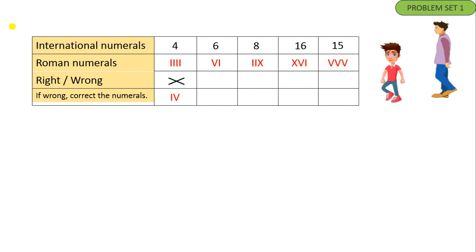Then, the second number is 6, and for it the Roman numeral is VI, and it is correct. The next number is 8, and for it the Roman numeral IIX is given. Again, by the rules, it is wrong. The correct Roman numeral for number 8 is VIII.